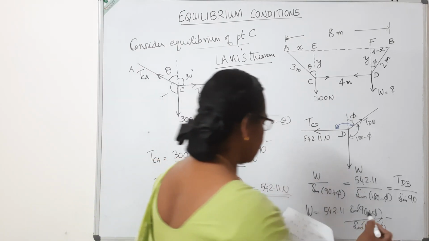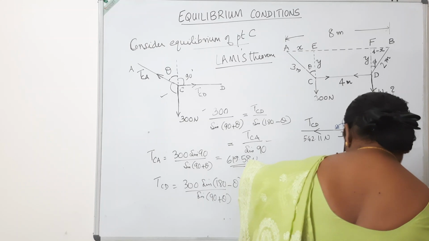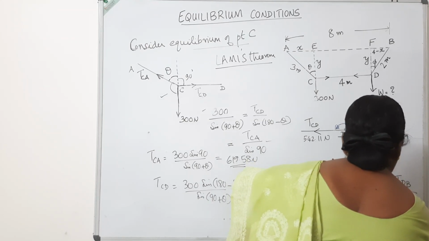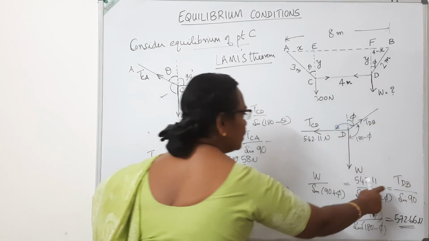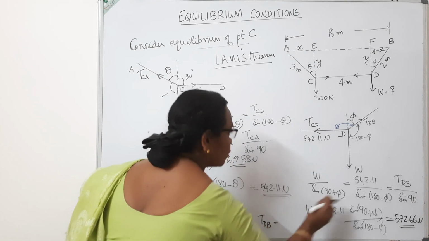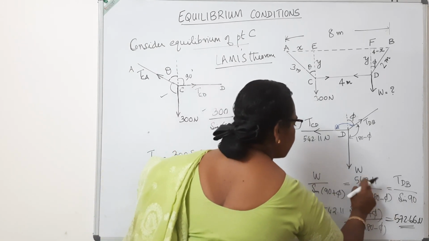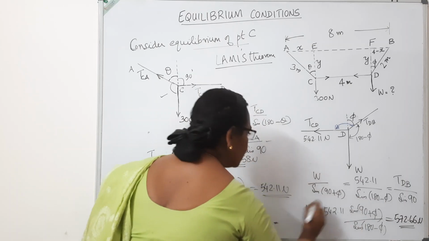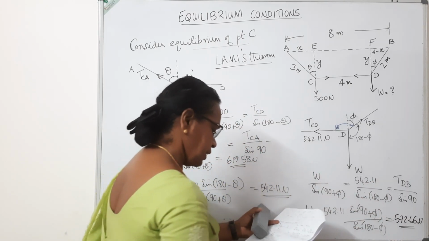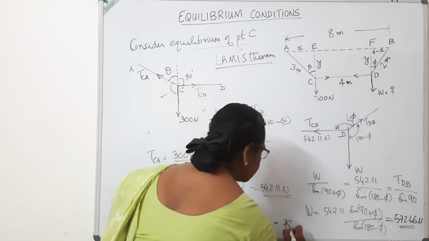That will give you the same result as earlier: W will be 572.66 Newton. Similarly, TDB can also be found out: 542.11 into sine 90 divided by sine 180 minus 5. That gives 788.